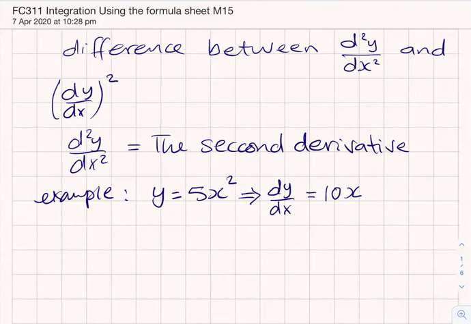And d squared y over dx squared, which is the second derivative, is going to be 10.